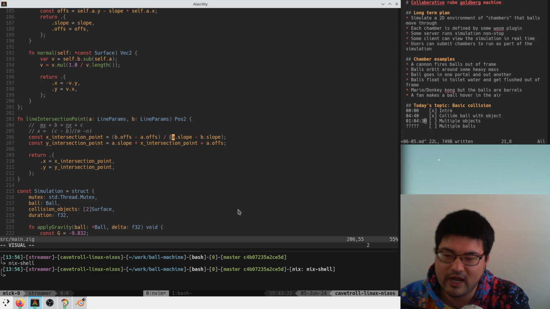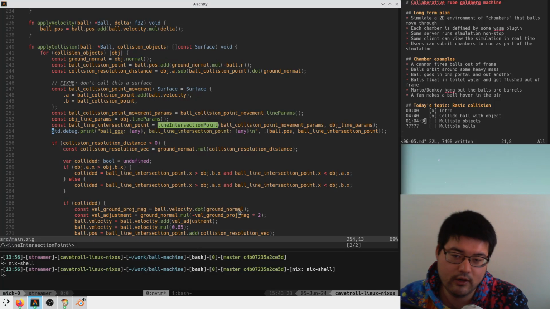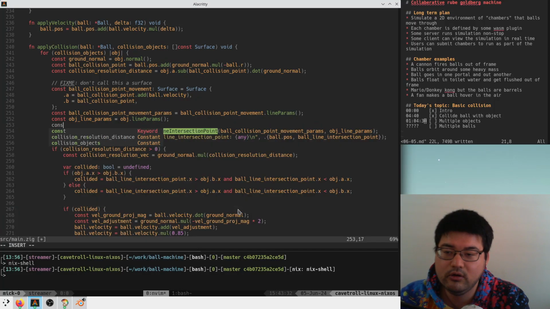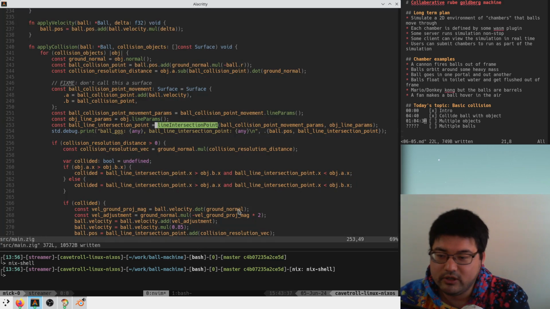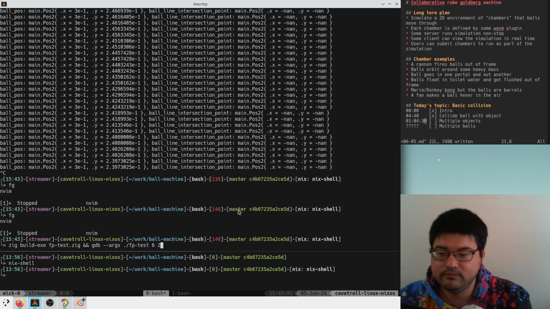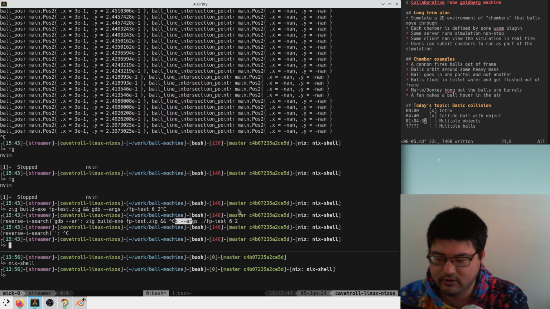So here, that's going to happen if B slope and A slope are very, very similar. So can we maybe... I guess probably it makes more sense at this point to GDB this. So Zig build, and GDB the Zig out binary.